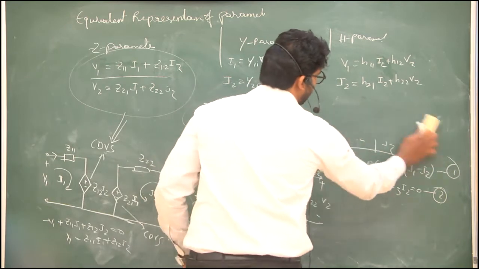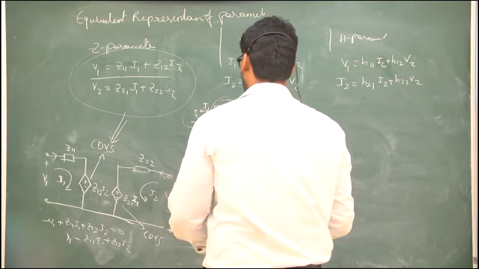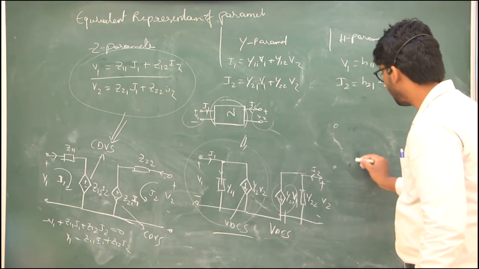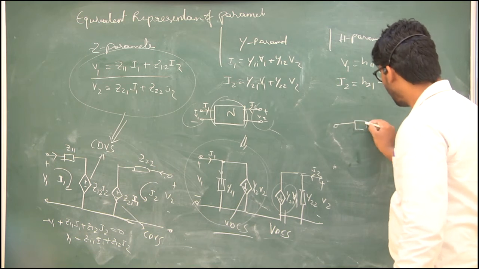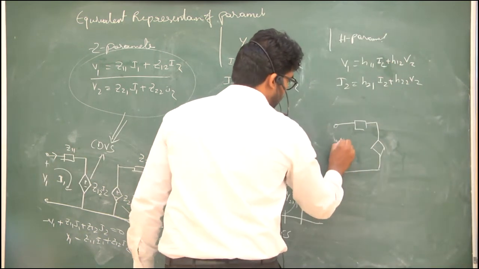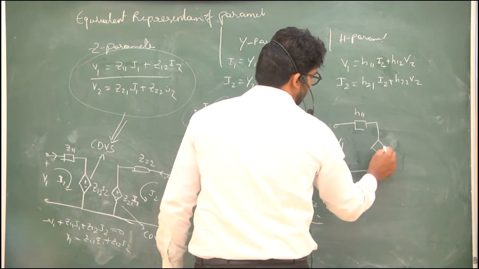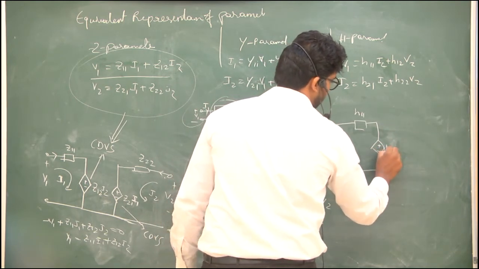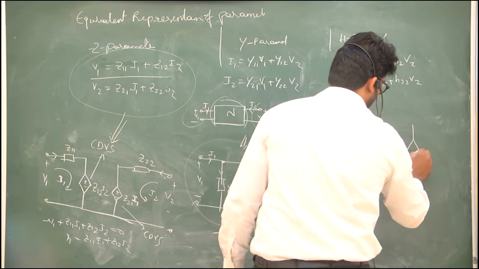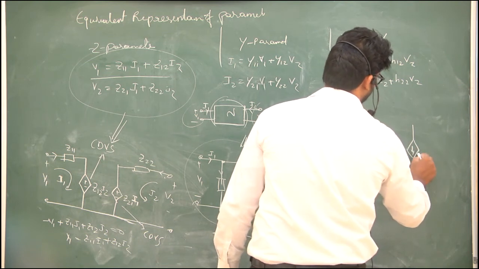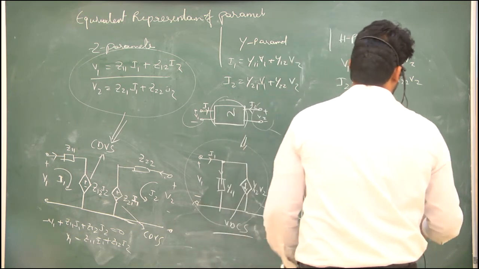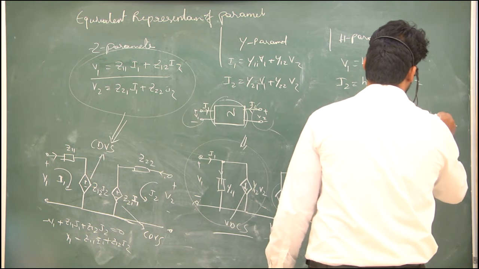Now coming to the h parameters. The h parameters are a combination of these two. Let us take the input parameter: this is h11, with V1, and I am taking this as h12 V2, and again a parallel circuit having a current source h21 I1 and a parallel branch h22.